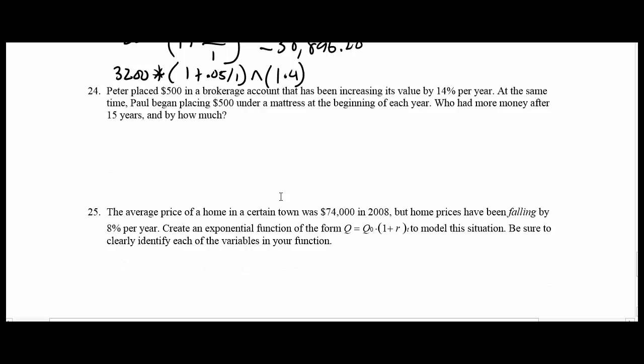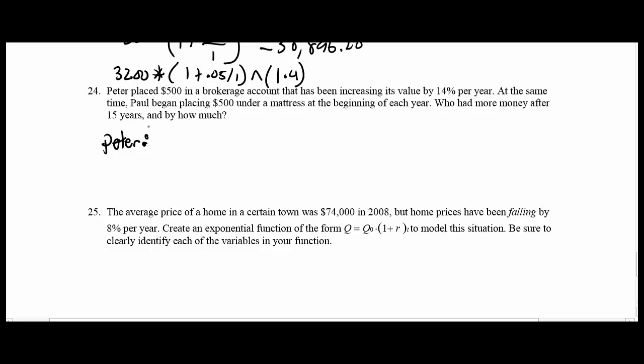Number 24, Peter placed $500 in a brokerage account that's been increasing its value at 14% per year. At the same time, Paul began placing $500 under a mattress at the beginning of each year. Who had more money after 15 years and by how much? Okay, so each of them sort of did a different approach.